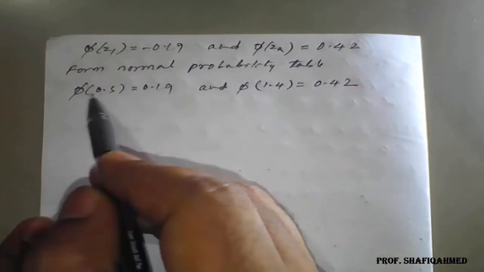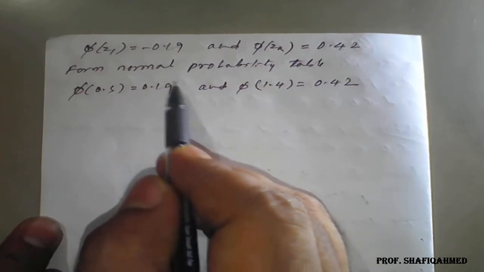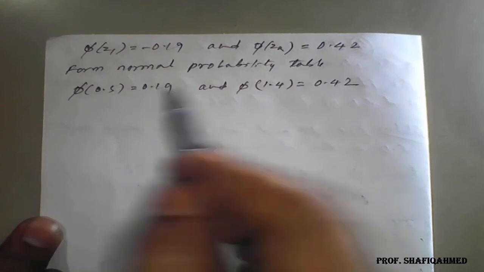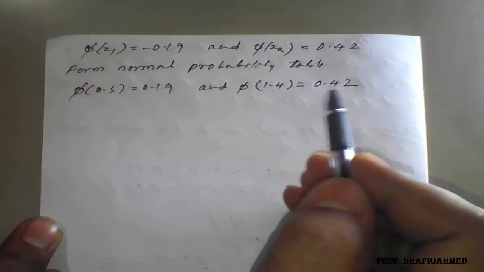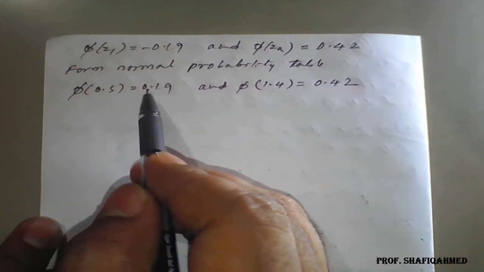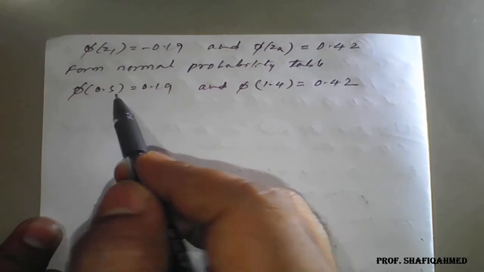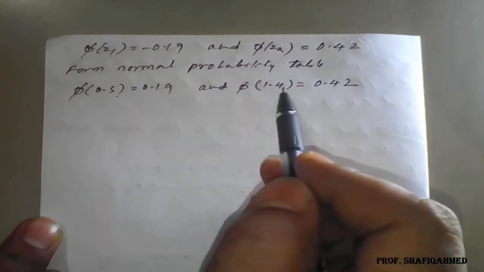From the table, phi of 0.5 is 0.19, and phi of 1.4 is 0.42. So 0.19 can be replaced by phi of 0.5 and 0.42 can be replaced by phi of 1.4.